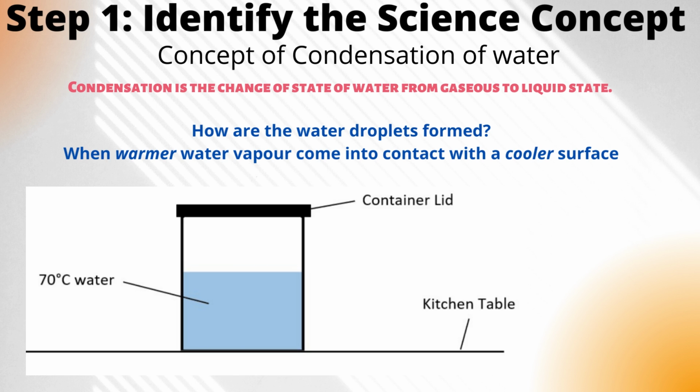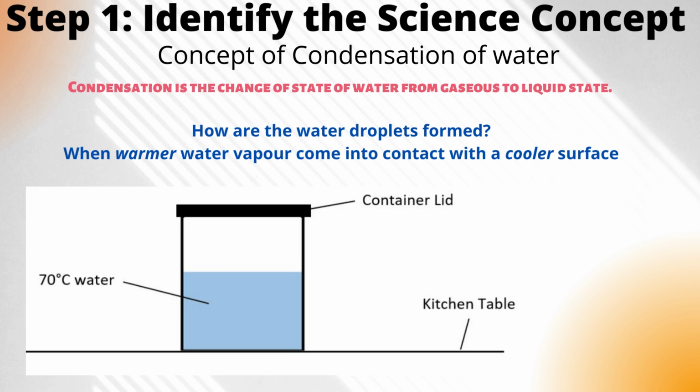Now, if we recall, condensation will only happen when warmer water vapor comes into contact with a cooler surface. There must be a difference in the temperature of the water vapor and the surface that it comes into contact with. So keep that in mind.